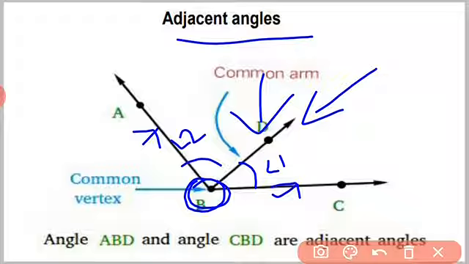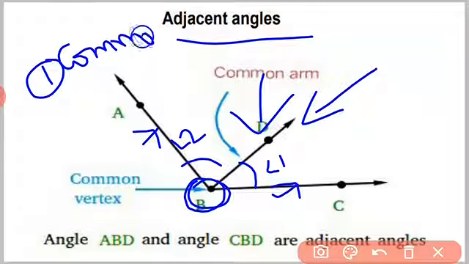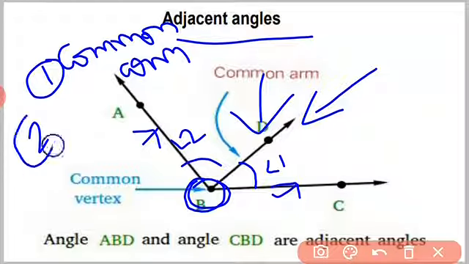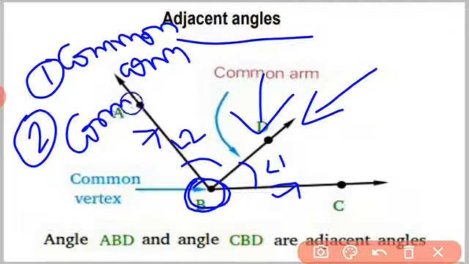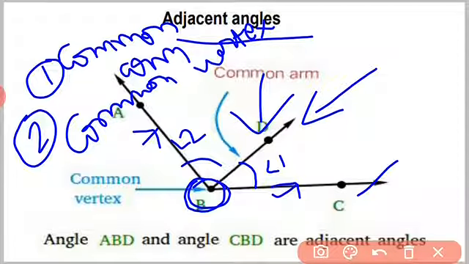This is the vertex. This vertex is common to angle 1 as well as angle 2. So the first condition is a common arm, then a common vertex, and two non-common arms.